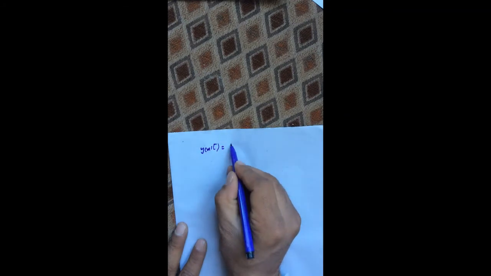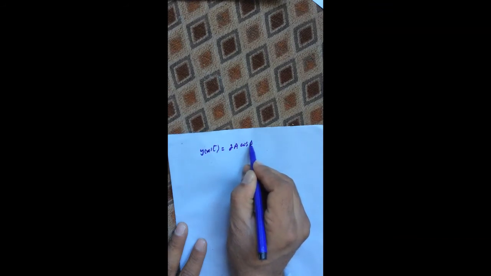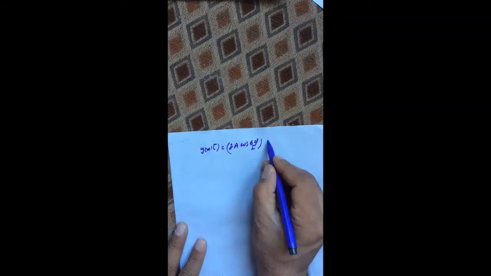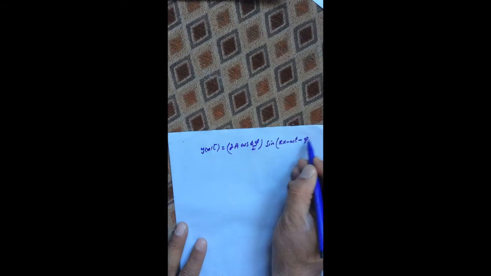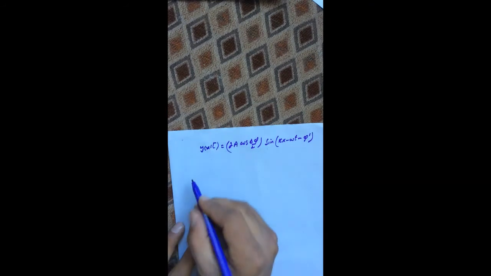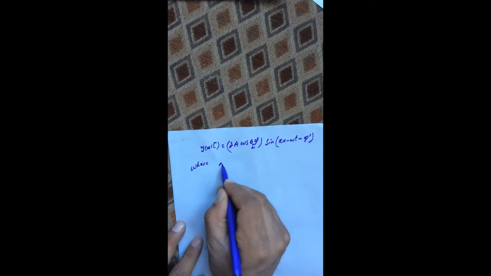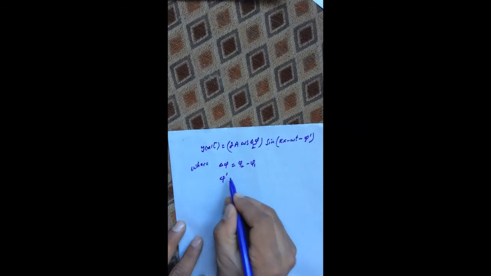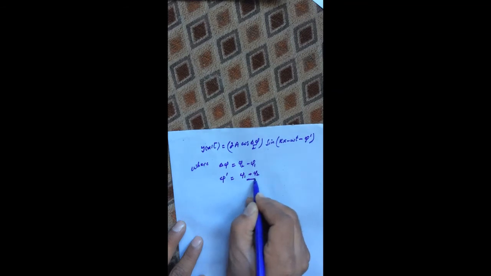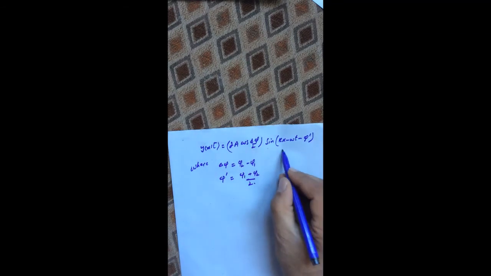So the final expression is y of x and t equal to 2a cos del phi over 2 into sine kx minus omega t minus phi prime. I call this equation number 4.